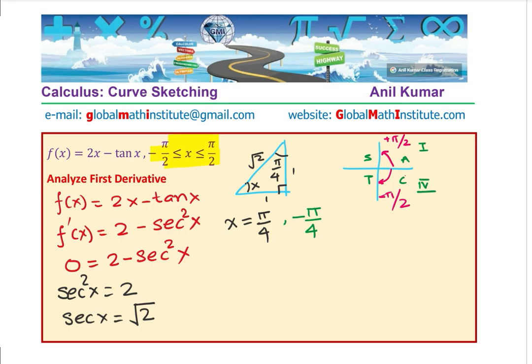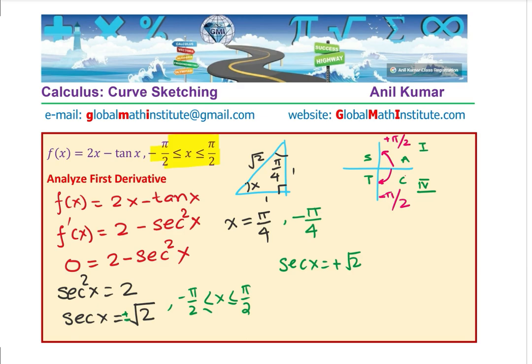Now this is for both positive values. In fact, this will be positive and negative, but given the condition, which is between minus pi by 2 to pi by 2, we only have secant x equal to the positive value of square root 2, correct? Not the negative one.